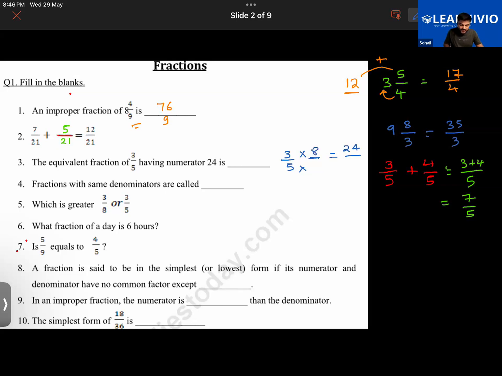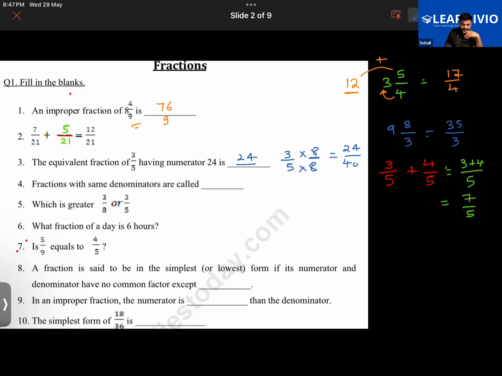Thereby 5 also has to be multiplied with 8. What's the answer? 24 upon... 5 times 8 equals 40.